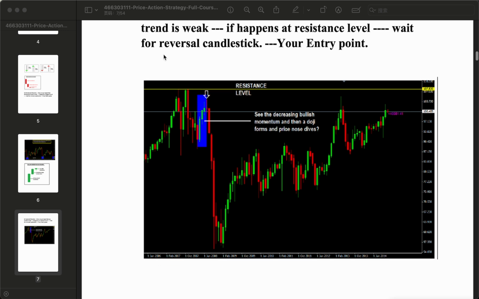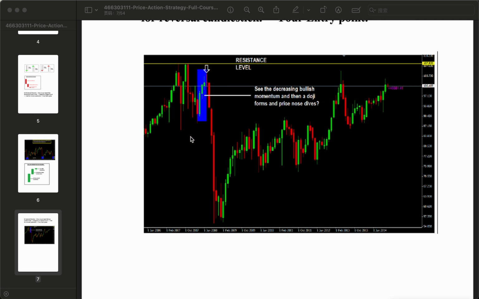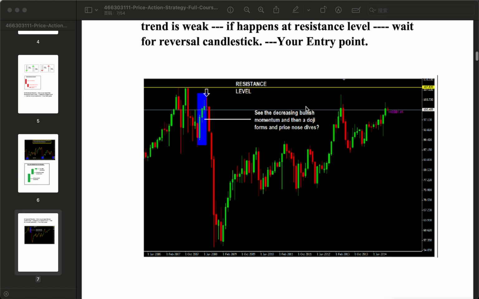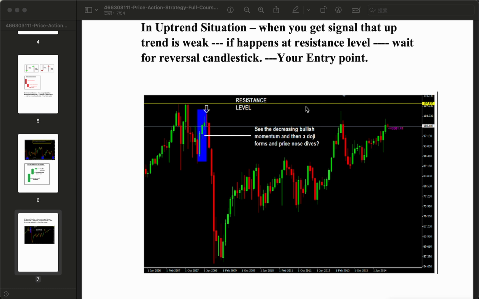So here is another picture where you're seeing the decreasing bullish momentum, and then the doji forms and the price nosedives. The doji is a very classic signal. In later slides, we will talk about the doji star.